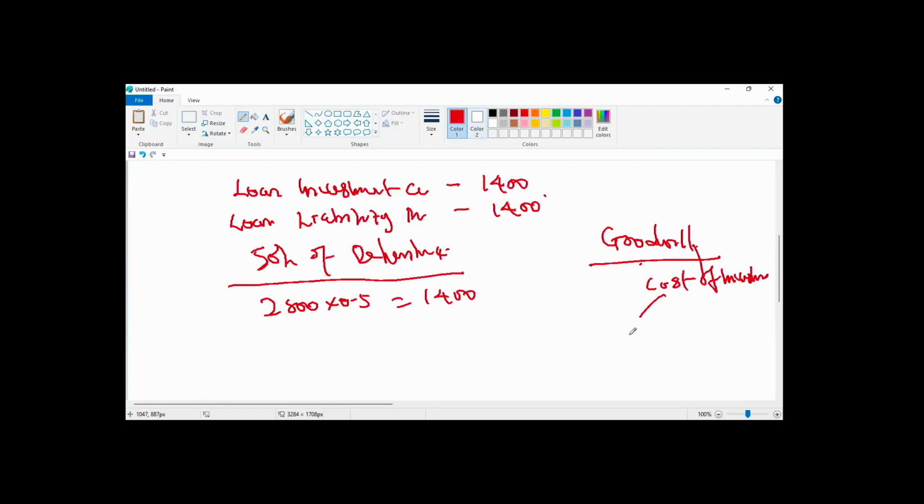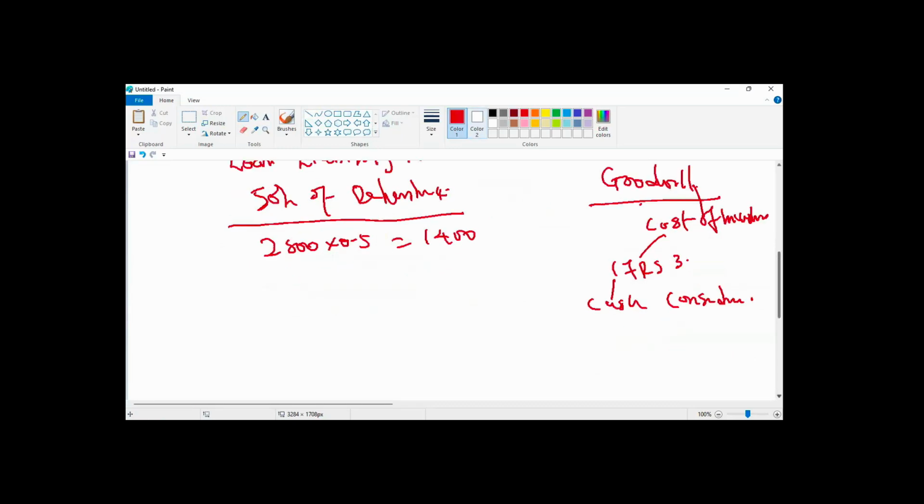In line with IFRS 3. IFRS 3 says you can pay cash consideration. You can use shares consideration. He has paid for the 80%. You also see that the parent in the subsidiary also has 12% debenture.